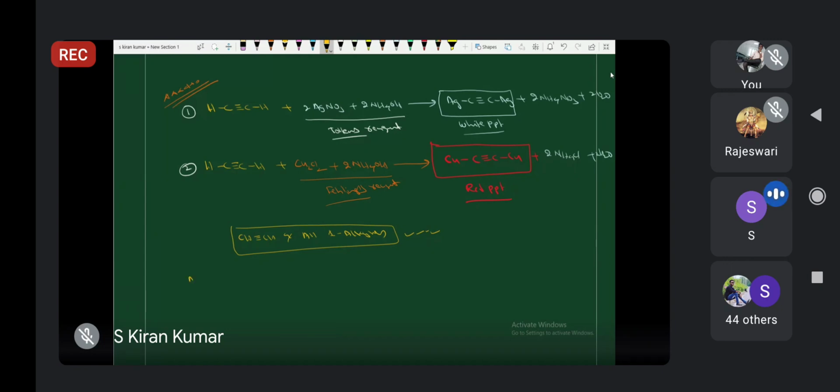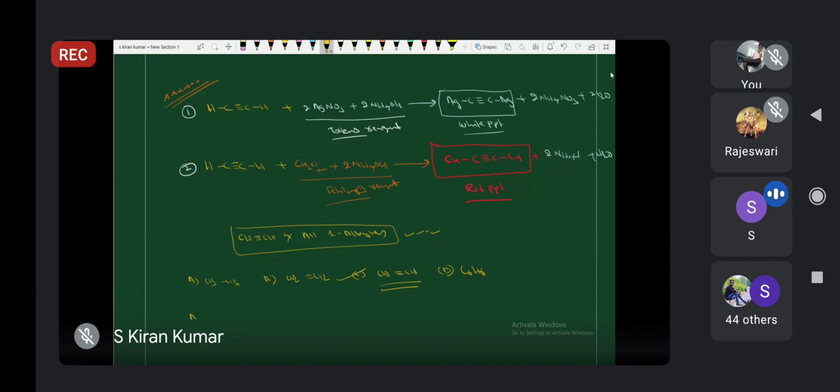Which hydrocarbon reacts with Tollens reagent? A ethane, B ethylene, C acetylene, D benzene. What is your answer? Only acetylene reacts with Tollens and Fehling's reagent.